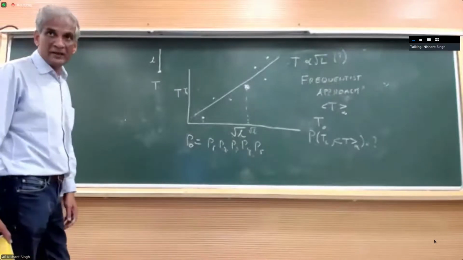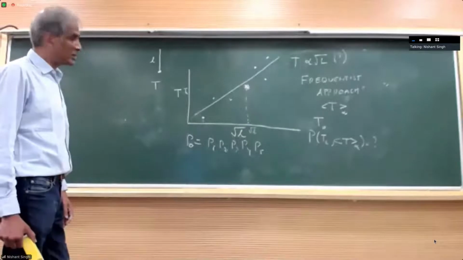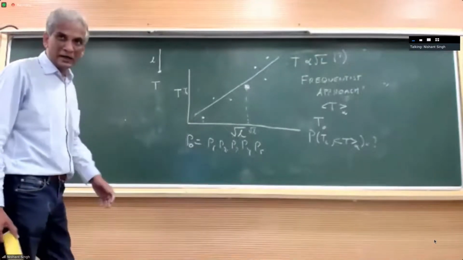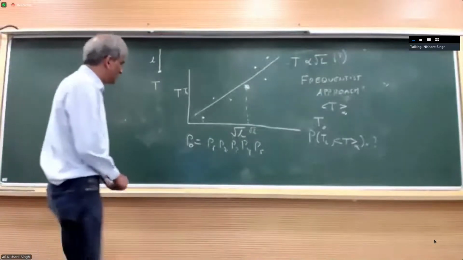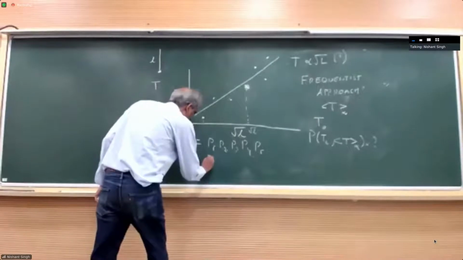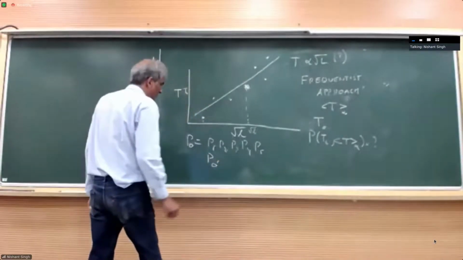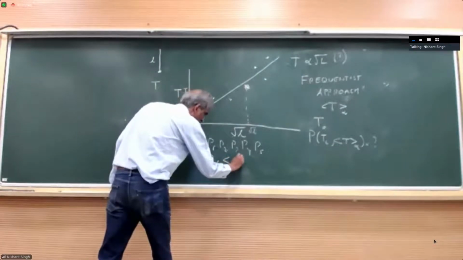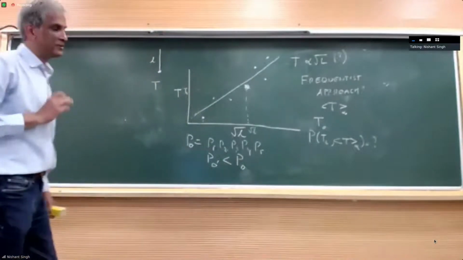I will rephrase the question as, what is the probability that if I do this experiment a large number of times, infinite number of times, I would get a probability P0 prime, which is smaller than P0. This is confusing, so let me repeat this whole thing.